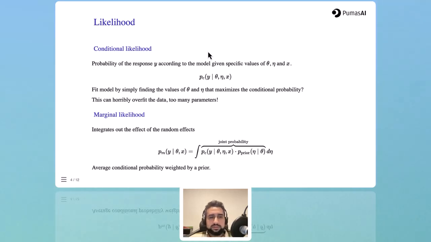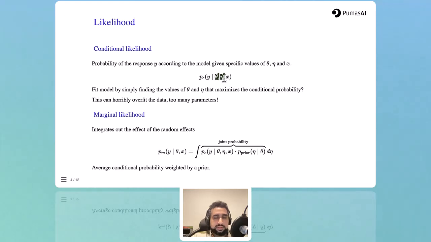Now let's discuss the likelihoods and what they mean. In general, the likelihood of a model, or the likelihood of the parameters, is the probability of the data given the parameters. We can refer to the same quantity in two different ways, either as the probability of the response given a set of parameters.